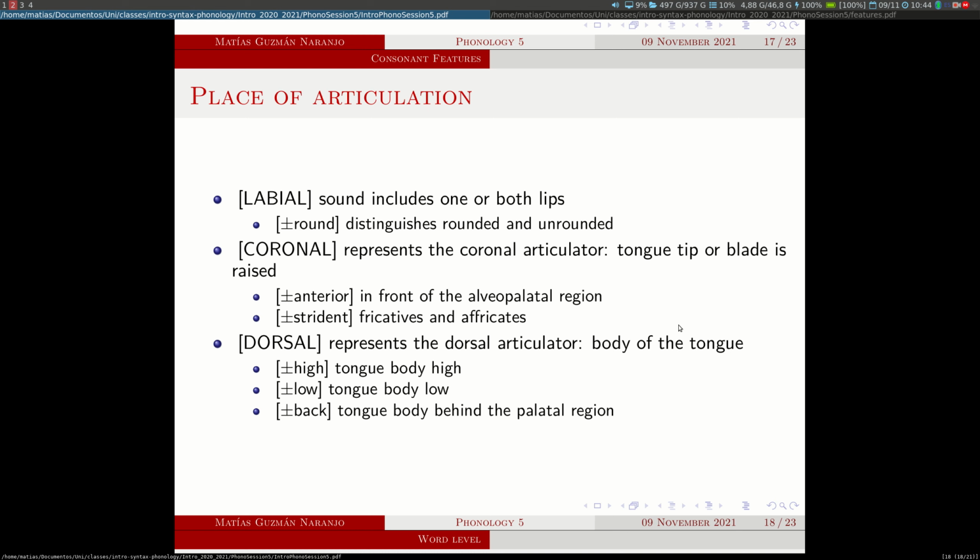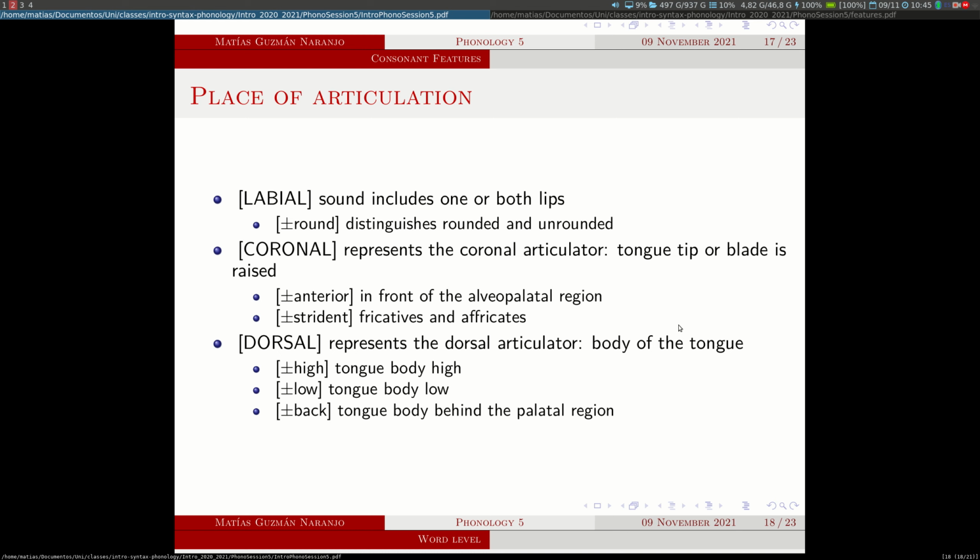You have some features about place of articulation. These are labial, and the point here is that they are about using both lips, so mostly bilabials. You have an additional feature which has to do with the lips, which is rounding, and this helps you distinguish mostly vowels which have rounding. So, for example, the difference between E and U. One is unrounded and the other one is rounded.